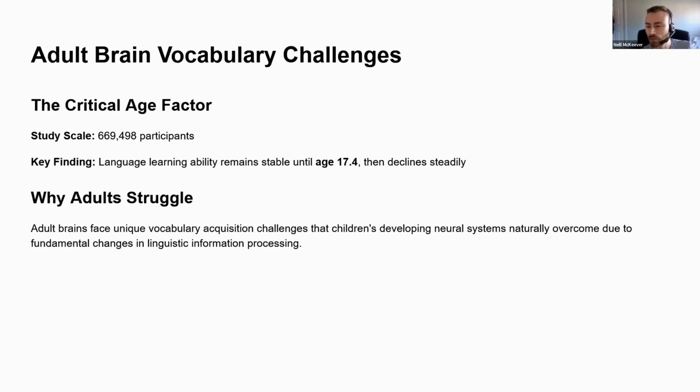So the problem with this is, again, according to the research, adults maybe can memorize vocabulary lists quickly and they can reproduce that vocabulary on things like tests, but then the problem is they struggle to access those words naturally during things like spontaneous conversation.